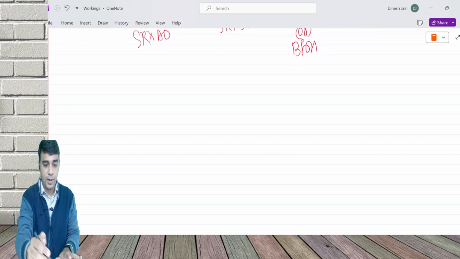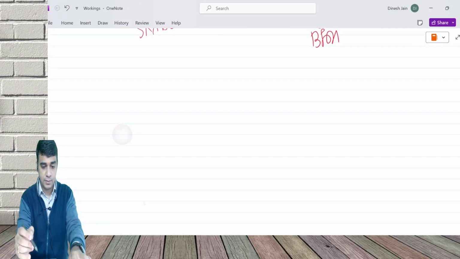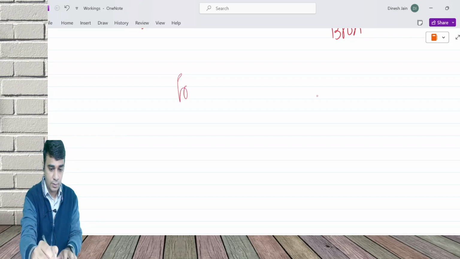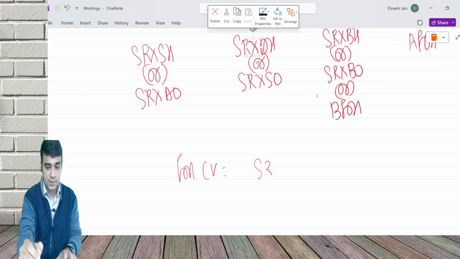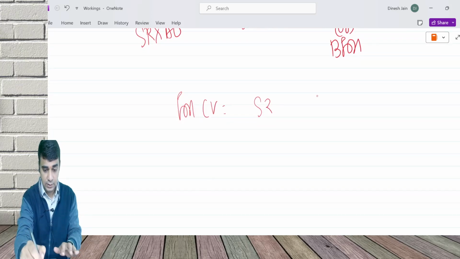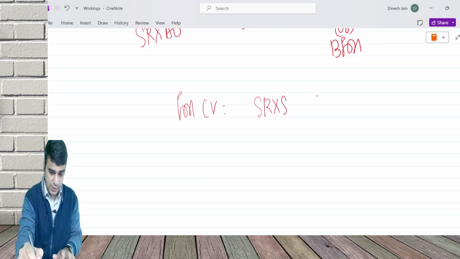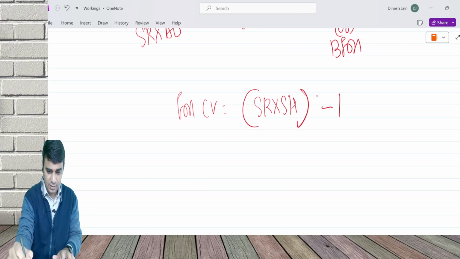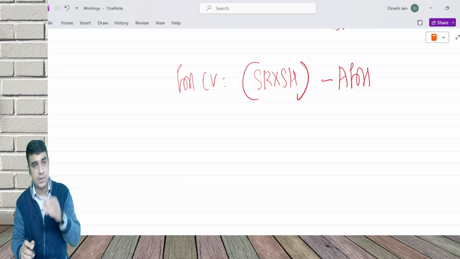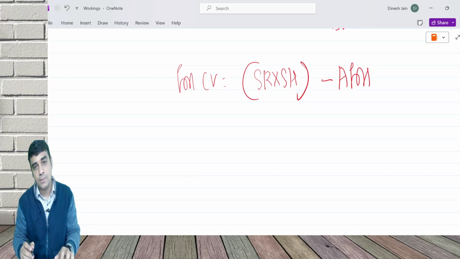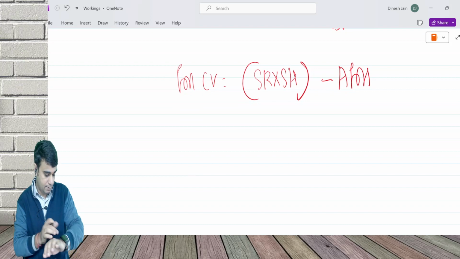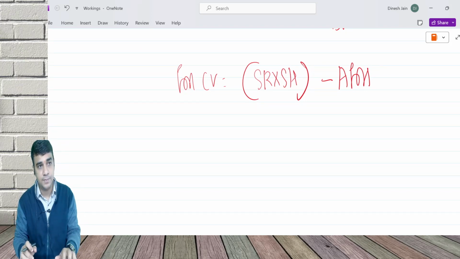Alright. FOH cost variance is equal to SR into SH minus AFOH. Smallest rectangle minus the biggest one. SR into SH minus AFOH.